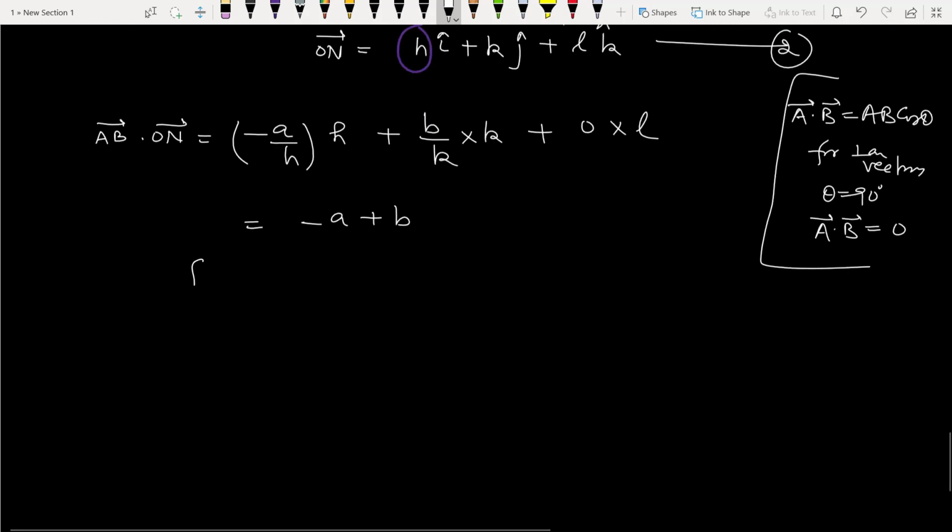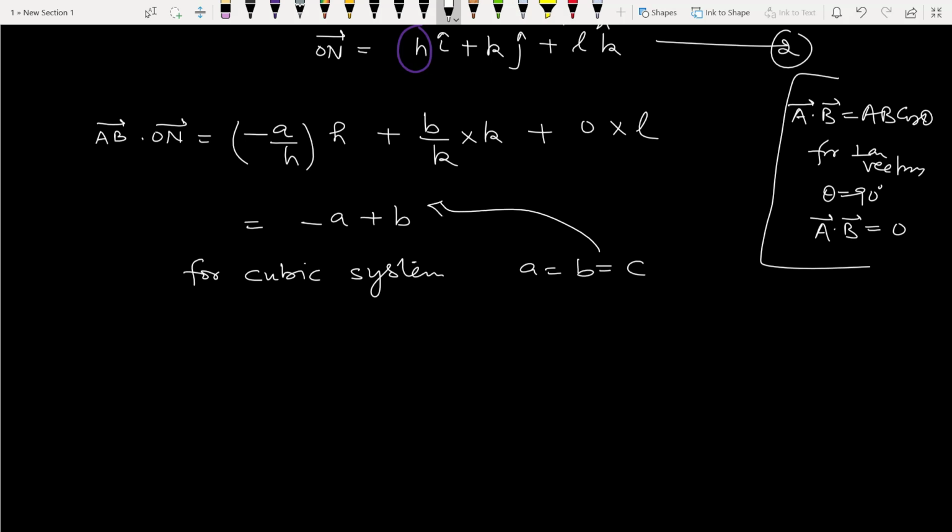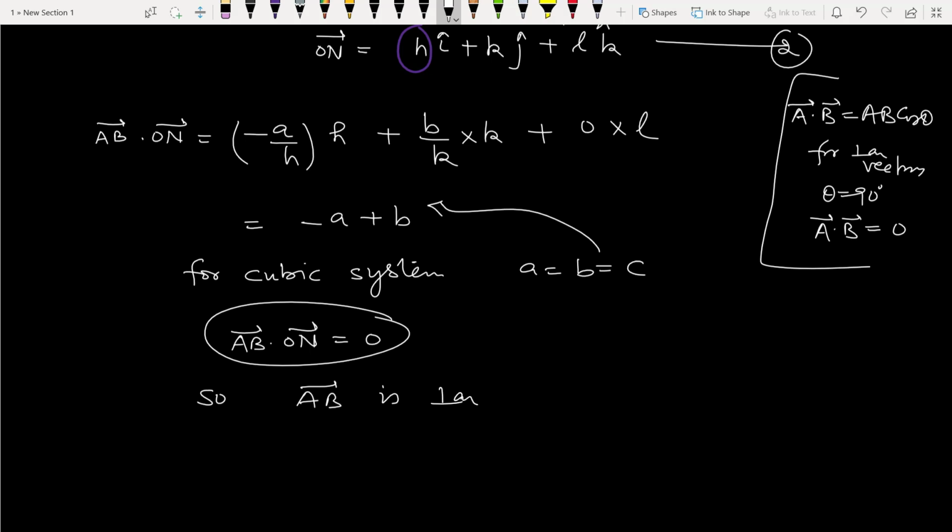For a cubic system, A is equal to B equal to C. So if we substitute this value here, the AB vector dot ON vector comes out to be 0. So AB vector is perpendicular to ON vector.